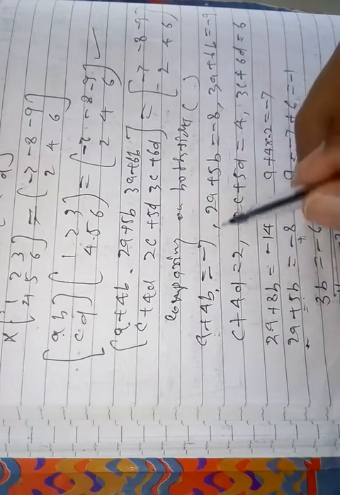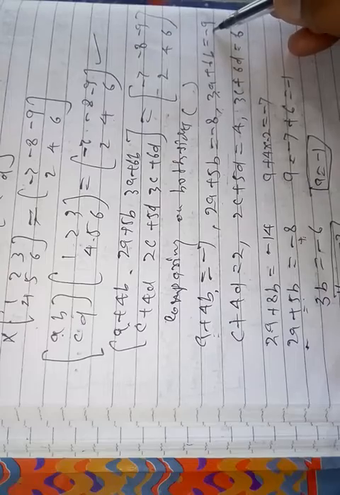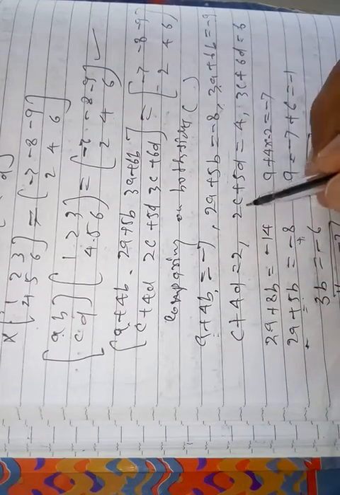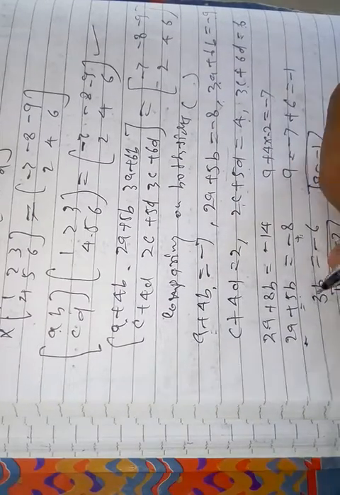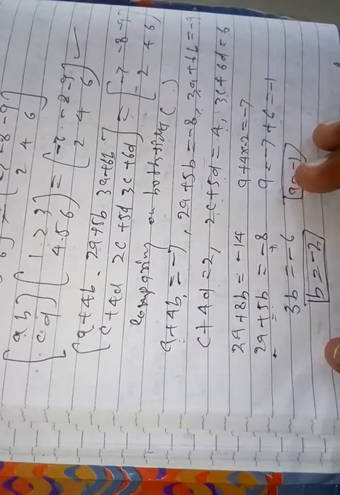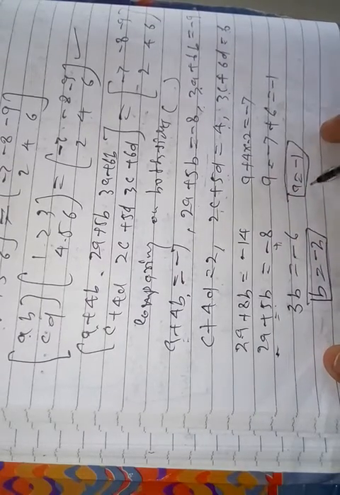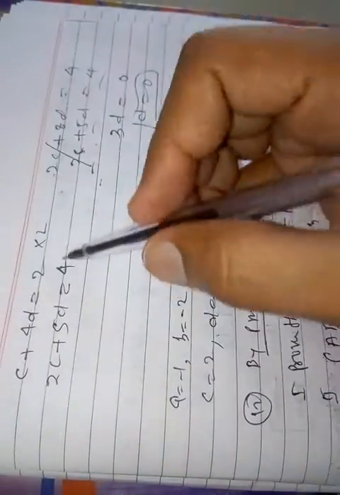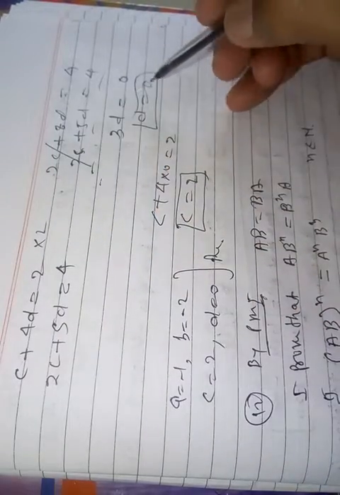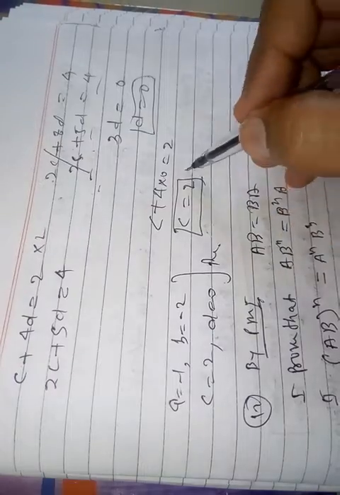A plus B, 2A plus 5B equal to minus 1, or 3A plus 6B equal to minus 9; C plus 4D equal to 2, 2C plus 5D equal to 4, or 3C plus 6D equal to 6, and solve by linear equations in 2 variables. Solving gives B equal to minus 2, A equal to minus 1. Putting the values, and C and D also find: D equal to 0 and C equal to 2.